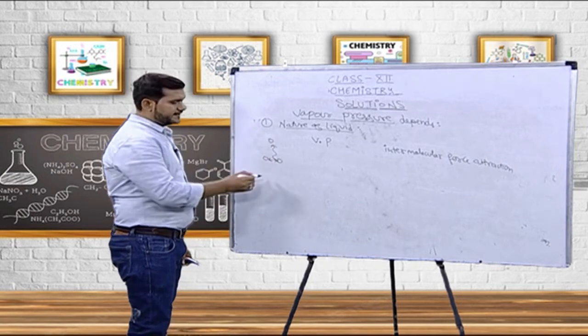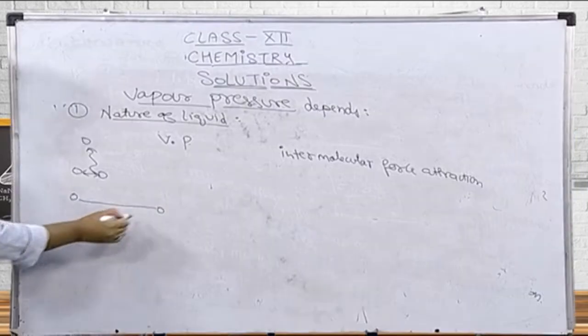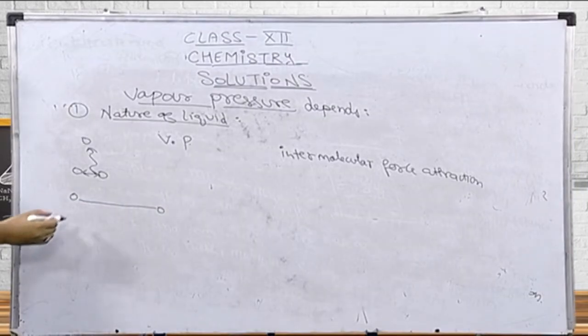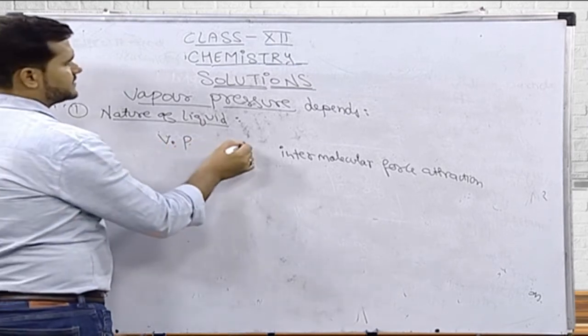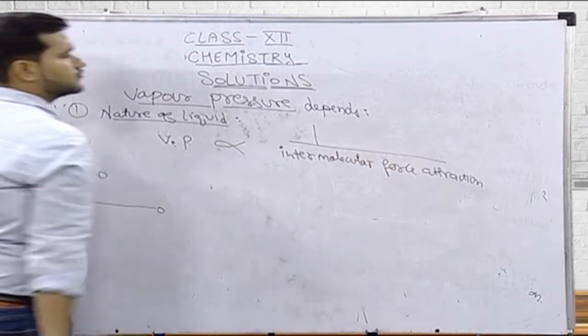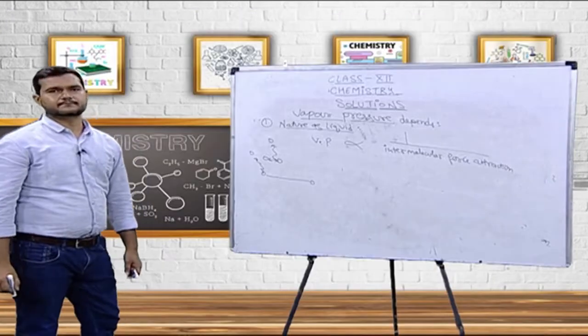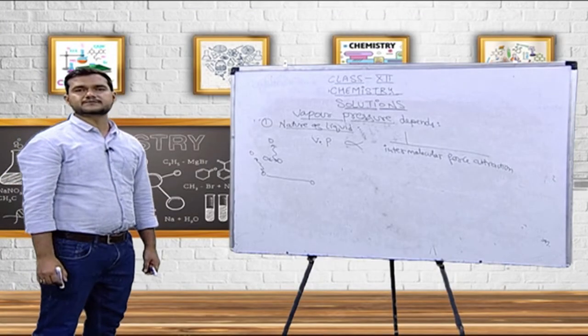If there is a weak force of attraction, they can vaporize easily. So vapor pressure is inversely proportional to the intermolecular force of attraction between the molecules of the liquid.